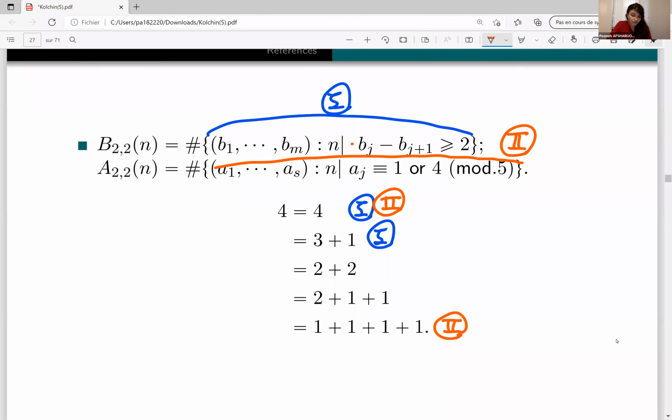But note that if we fix the length of partitions, the theorem is not true anymore. For example, we have a partition of type 1 and length 2, but we don't have any partition of type 2 and length 2.